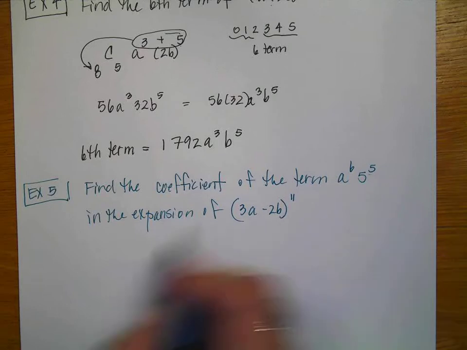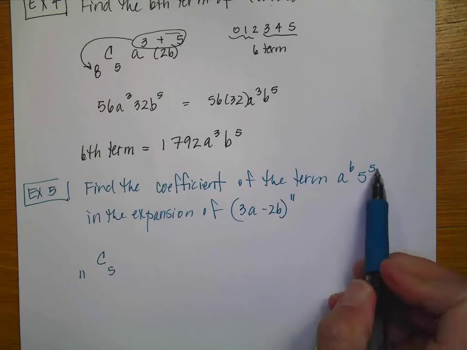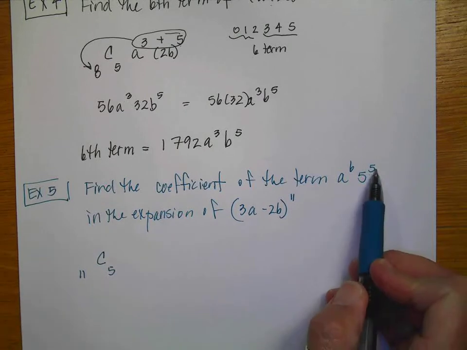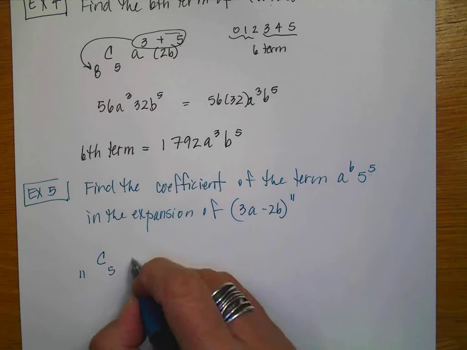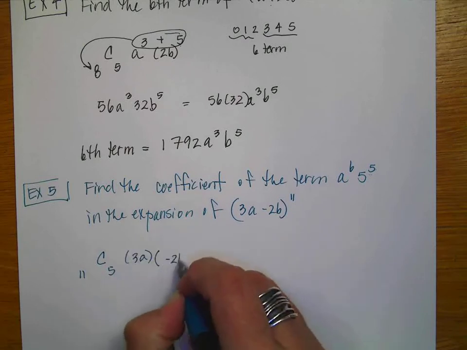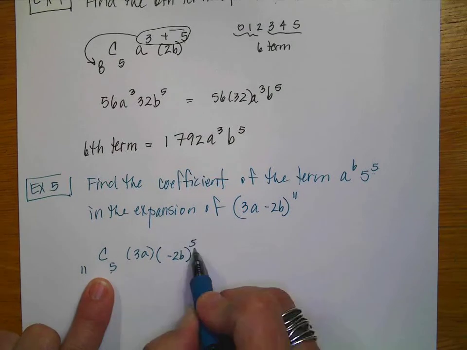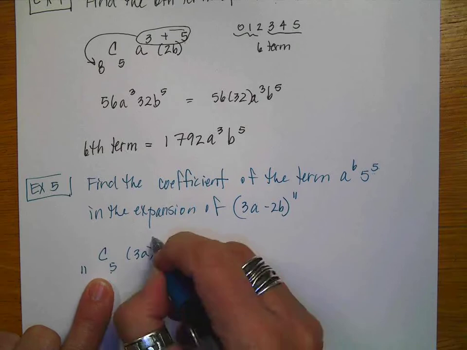So I'm going to fill in what I know and kind of work backwards, just like we did in the previous problem. I want the 5th term, so I'm going to do the combination of 11 choose 5, because remember the last ones match. And then I'm going to write my first term is 3a, my second term is negative 2b.